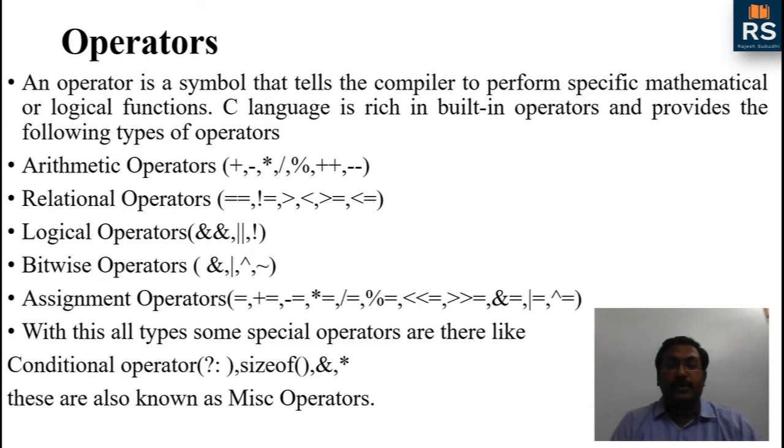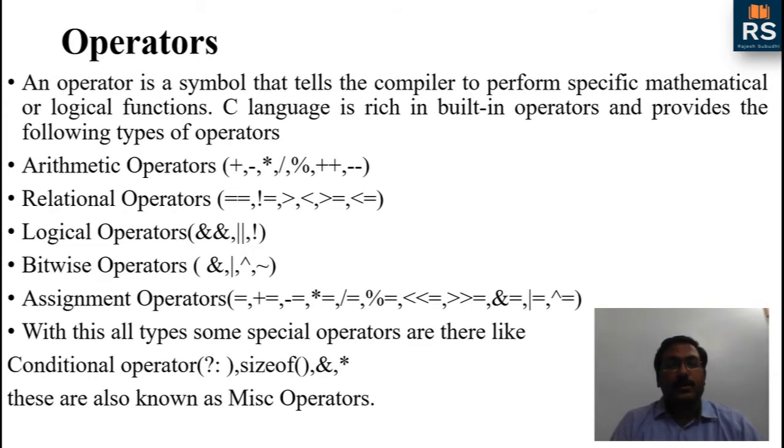Similarly, we have bitwise operators: bitwise and, bitwise or, bitwise not, and bitwise negation. At last we have the assignment operators: equal to, plus equal to, minus equal to, multiply equal to, divide equal to, etc. I will describe each of them in the example section.